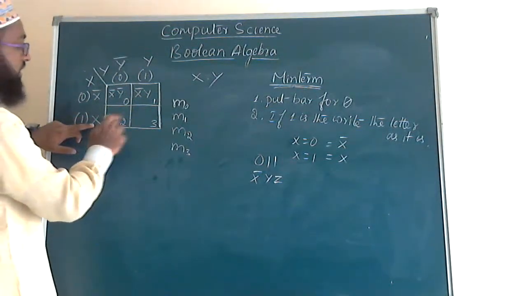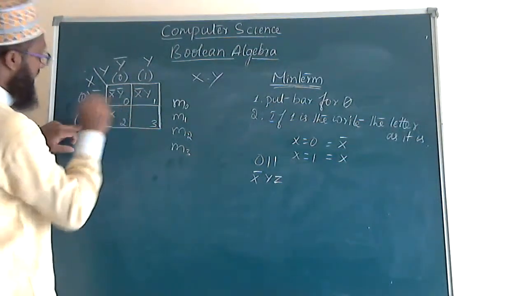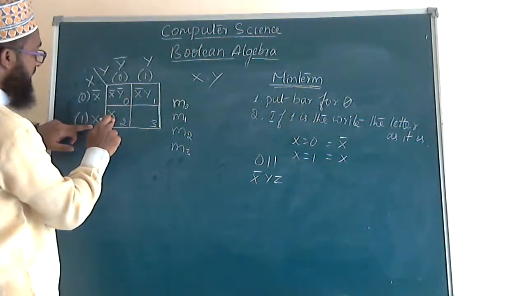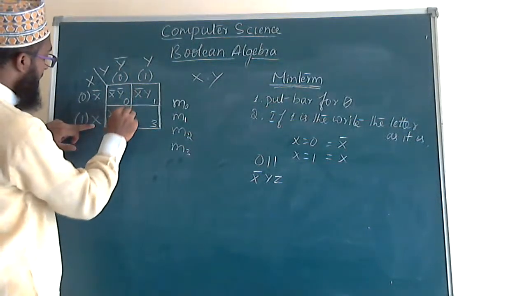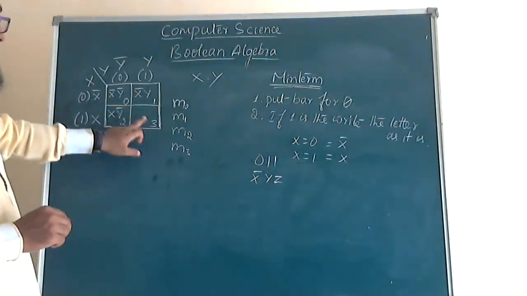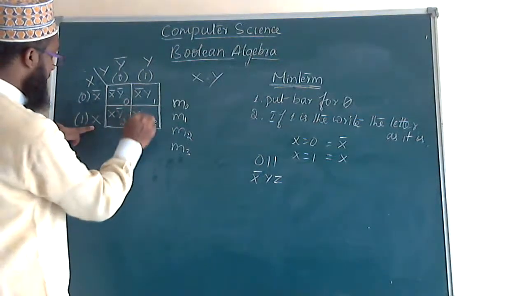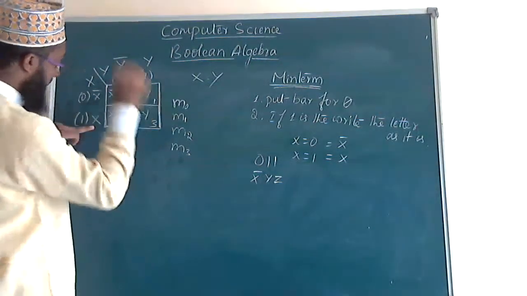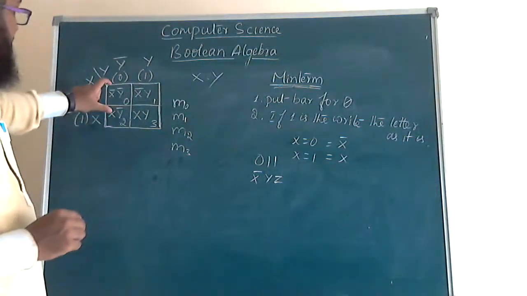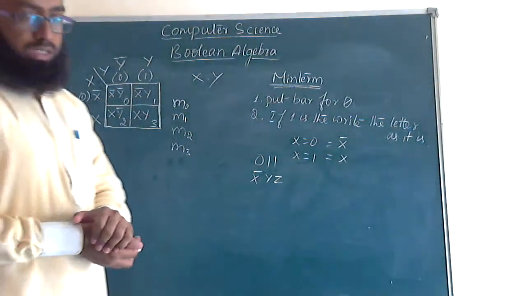Next for the m2 square, here x is there, first write x, then write y bar. Then for m3, the one square left, first write x, then write y. So this Karnaugh map consists of 4 products.